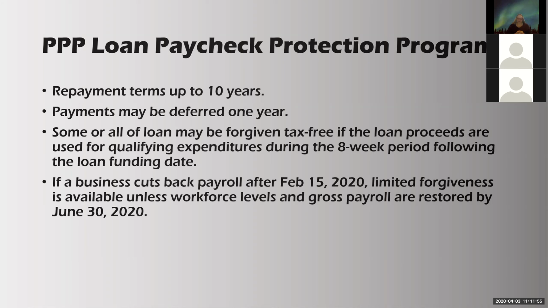So in other words, if you have already let everybody go, you can bring everybody back on before June 30th and still be able to get the payroll protection program and have the loan forgiven.